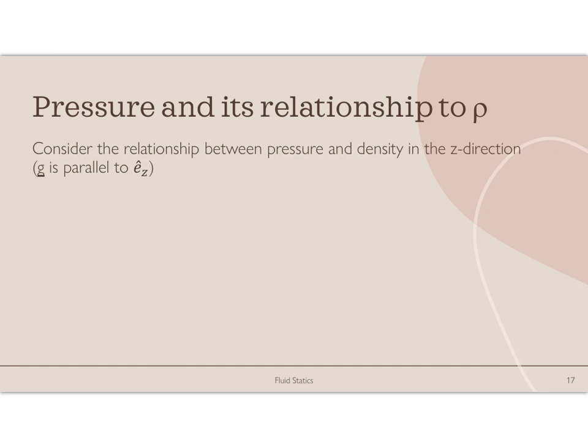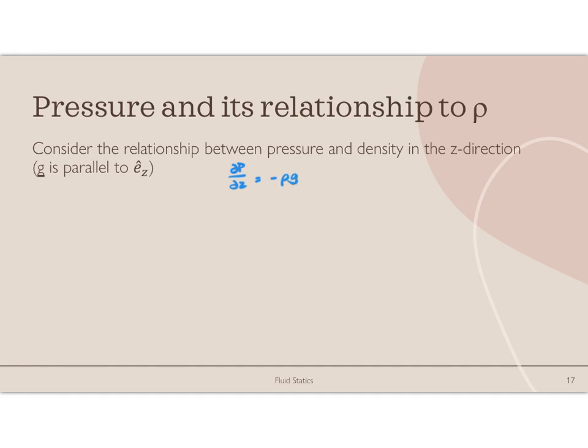One last thing I want to do is look at the relationship between pressure and density. So we were talking about density being constant. What if it's not constant? In that z direction, we said that dP/dz is equal to negative rho g.